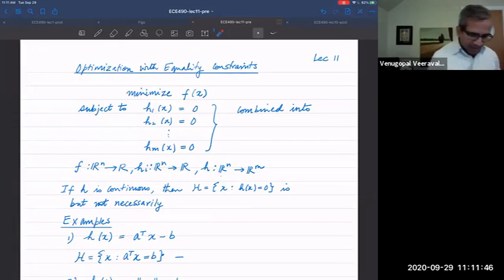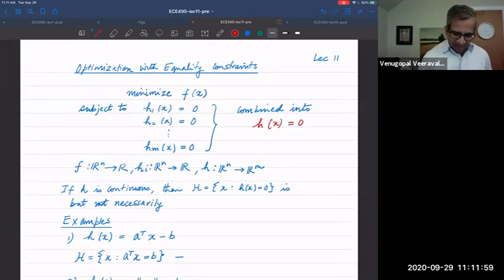Okay, and you can combine all of these into a single vector constraint, a vector-valued function h(x) equal to 0. So basically, the vector-valued h has as components h1(x), h2(x), up to hm(x). Okay. Any questions about the problem setup?